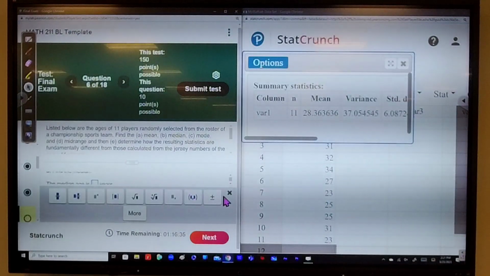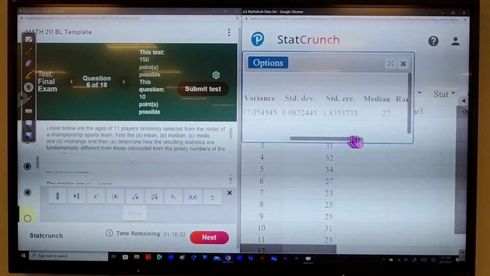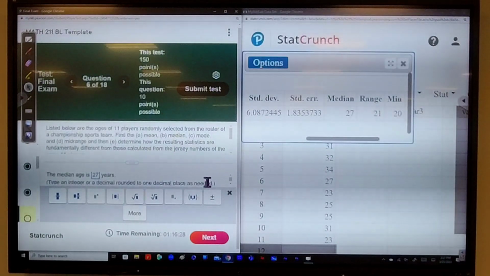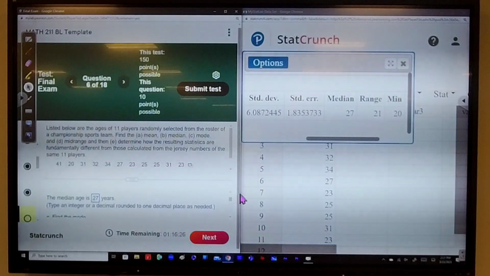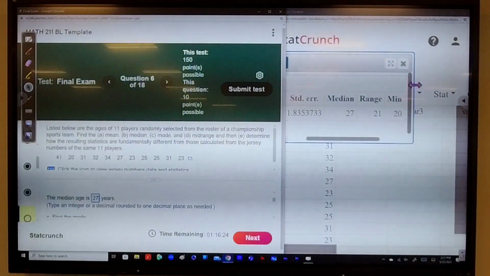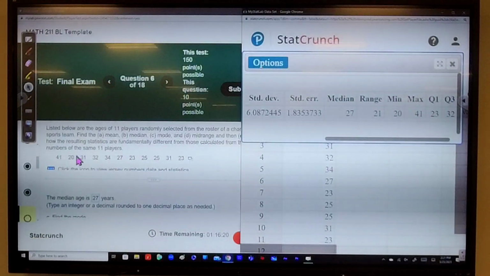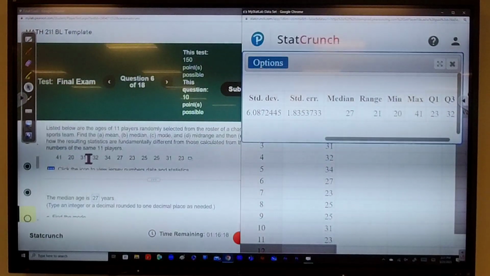And the median age is 27. I didn't pick mode when I did it, so I'll just inspect it manually.